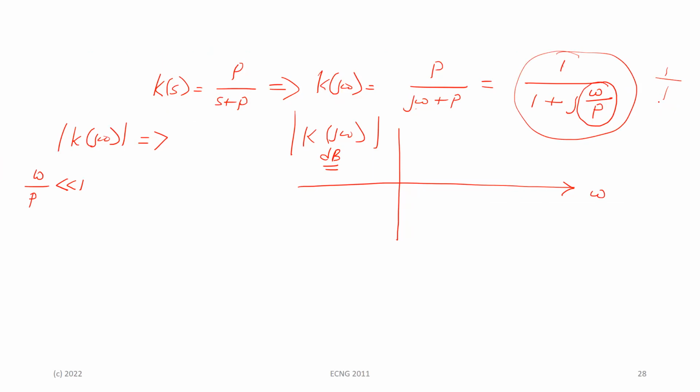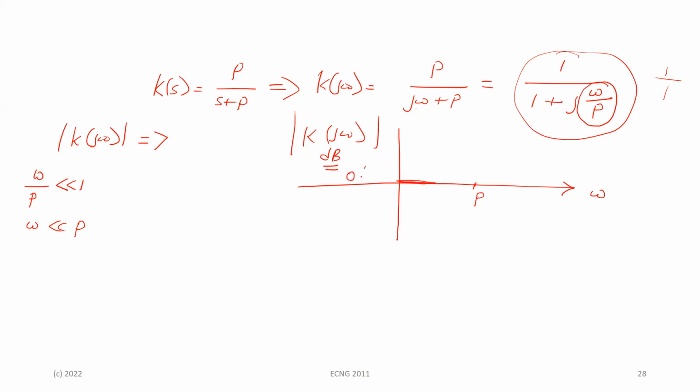Yes, sir. Right. If omega over P is much less than 1, what I'm saying is that omega is much less than some value P. So let's put P here. So when omega is much less than P, the magnitude of this is 20 log of 1, which is 0.